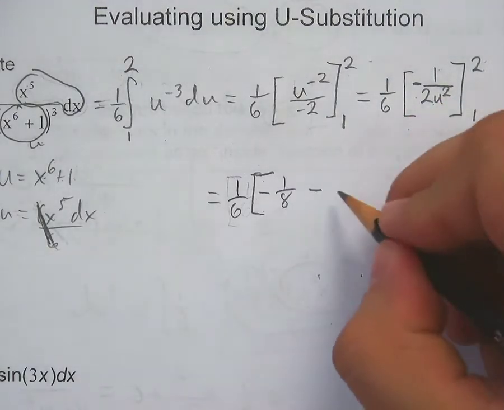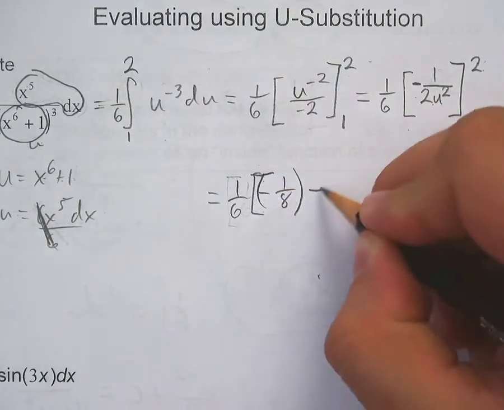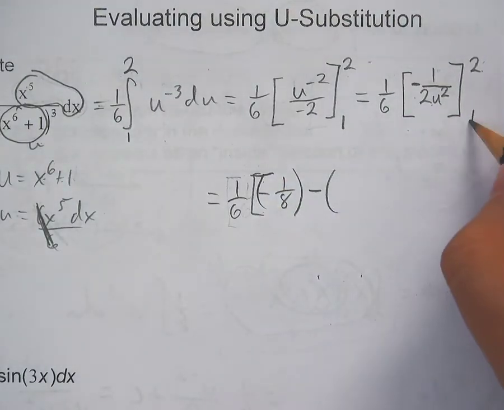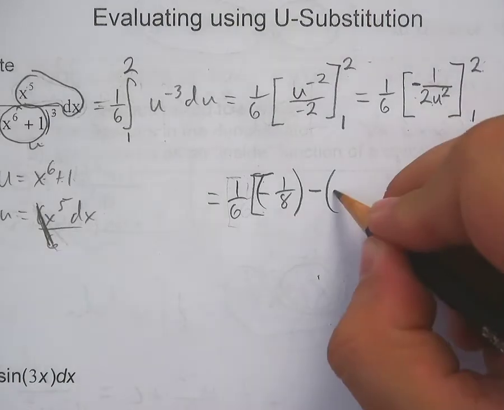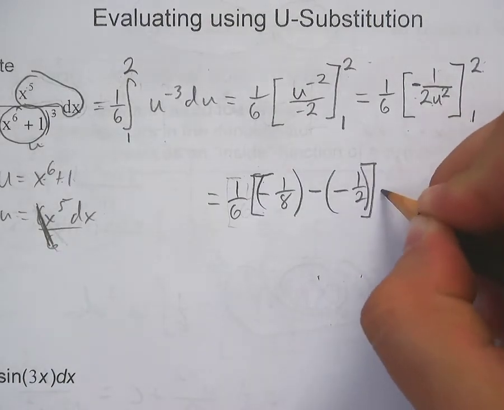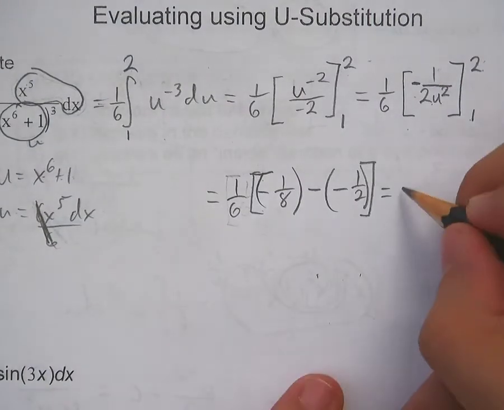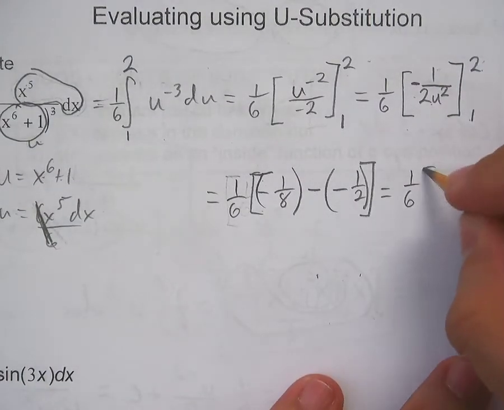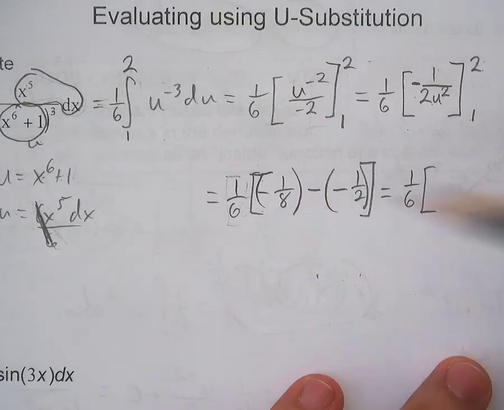Minus, here's f of b, minus f of a. Plug in a 1 here, it'll be negative 1/2. Which is 1/6 times, let's see, I've got 1 over 8, so this will be plus a half, plus 4 over 8, so 3/8.